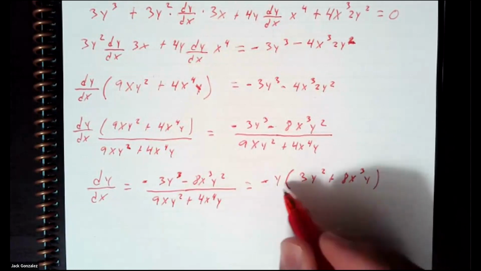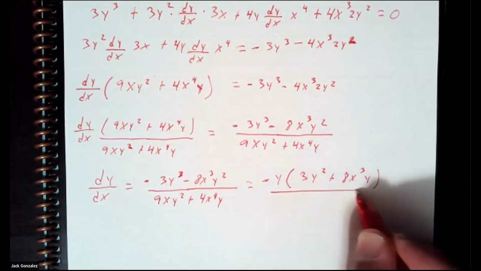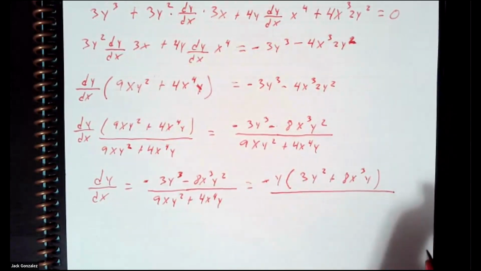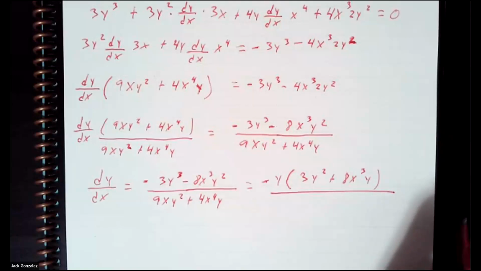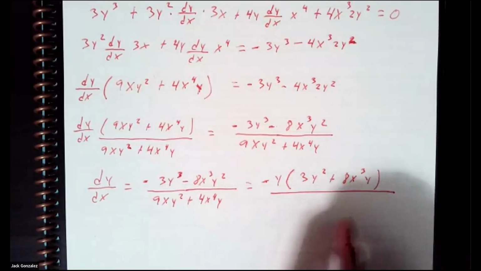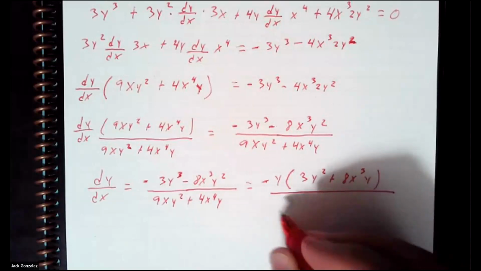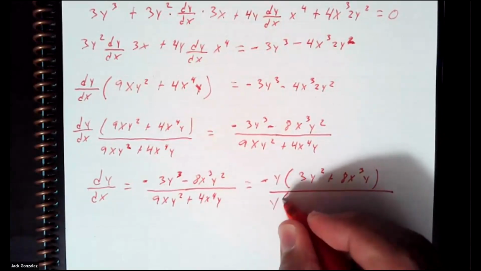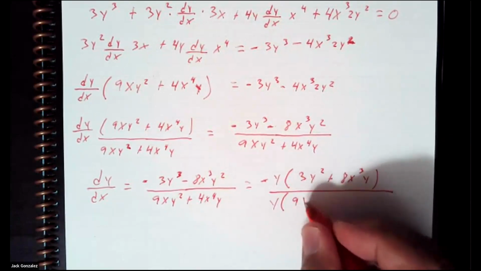Okay. Sorry, go ahead. And the second one, do we factor the denominator too? Yeah, because the only way you reduce something is if you factor the top and bottom and then cancel a common term. And the only common term that I see on top and bottom is y.